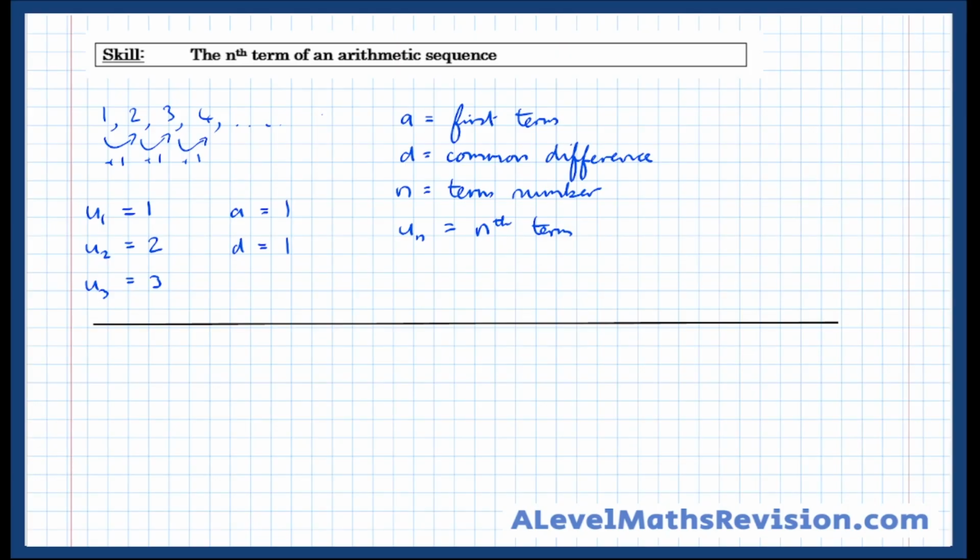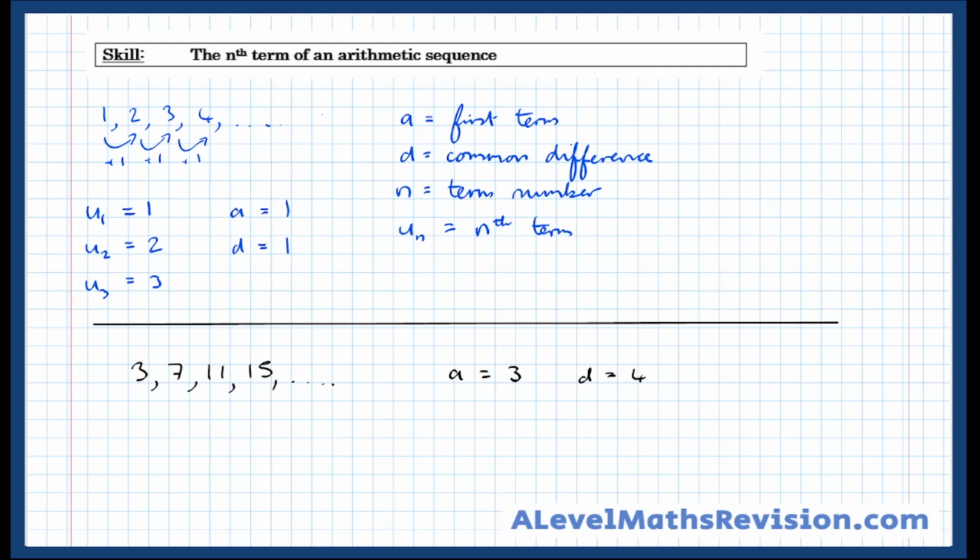So let's do a couple more examples. Let's say this sequence here, 3, 7, 11, 15, and so on. So in this sequence, we can say that A, the first term, is 3. The common difference, D, is 4.